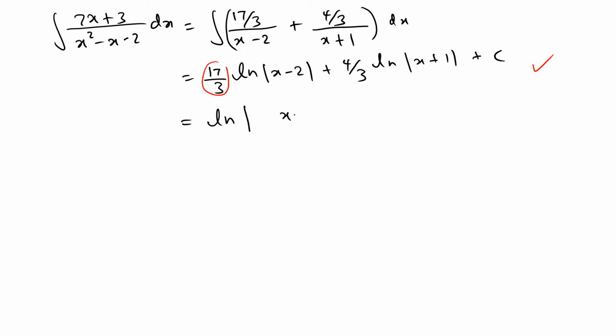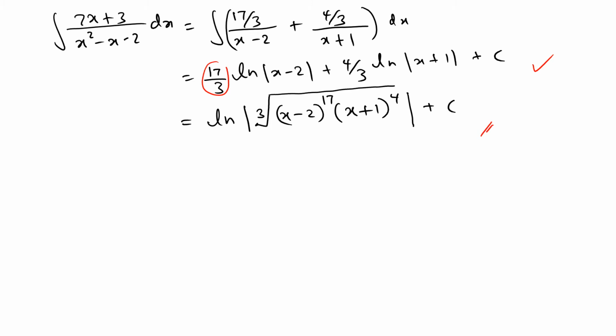So it's x minus 2 to the 17th power, times x plus 1 to the 4th power. Now you take the cube root of the whole thing, because the cube is common to both. But this is an extra step and looks great at the end. Okay, so that's the integral. So that's the final answer. One of them, it doesn't matter which one, the top or the bottom.